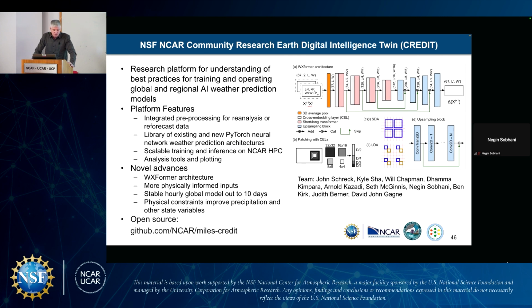The real value add by CREDIT relative to the many other models that are out there is the framework that allows a lot of experimentation, the open source nature of all of the code, not just the model weights themselves, and the fact that it runs well on NCAR HPC systems, and that is no small feat for these large distributed models to get them running on a particular platform.